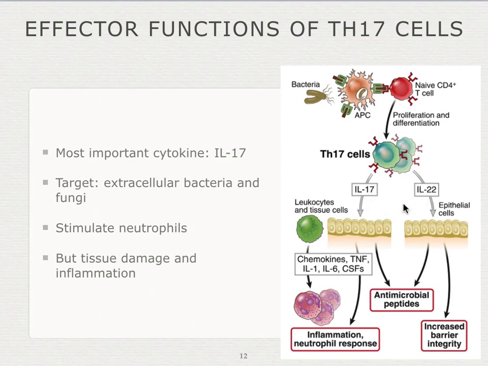Why these cytokines? Because IL-17 and IL-22 both will tell epithelial cells to start producing antimicrobial peptides to help out with the immune response at the local site of infection. IL-17 will make sure that neutrophils will come in.